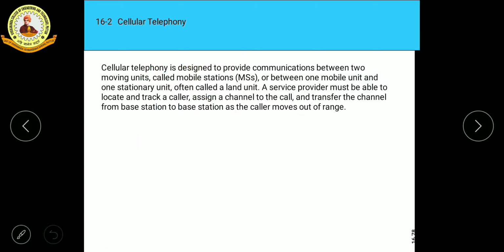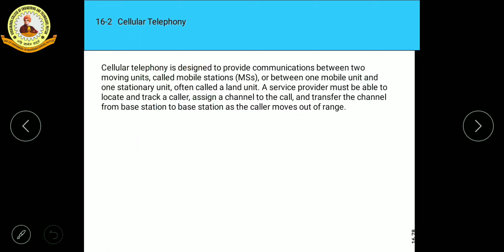If you are on a moving bus or vehicle, whenever you move outside the boundary of one base station, I'll tell you what a cell of a base station is, the call should be connected to the next base station. These are the things the service provider should take care of. We will discuss them in detail in the next part of this video.